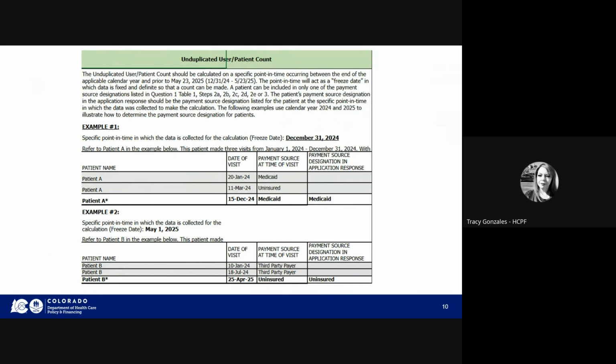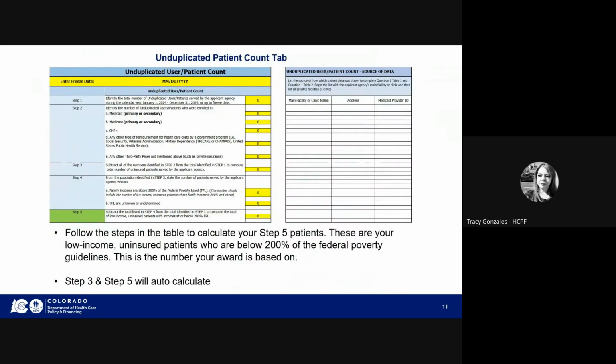So let's take a look at the unduplicated patient count tab so we can tie it all together. The first step on this tab is for you to enter your freeze date. Again, your freeze date can be anywhere between December 31st, 2024 up until May 23rd, 2025.